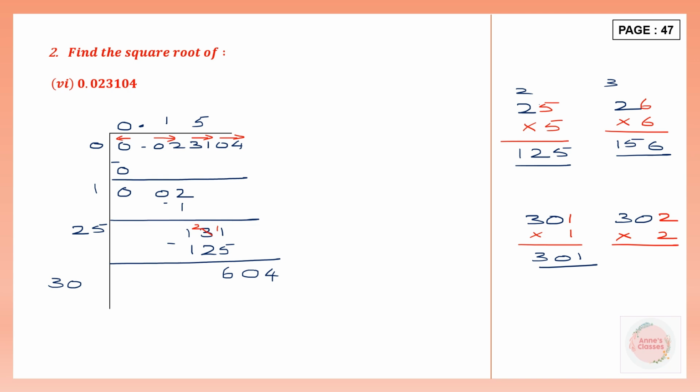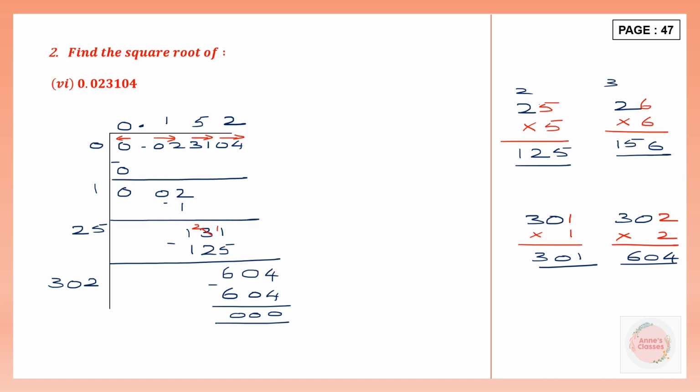So here what do I get? 2 2s are 4, 2 zeros are 0, 2 3s are 6. I have 604. And this is also 604. That means next to 30, I have to put the digit 2. So let me put 2. Now the number is 302. Multiplied by 2, it becomes 604 minus 0.